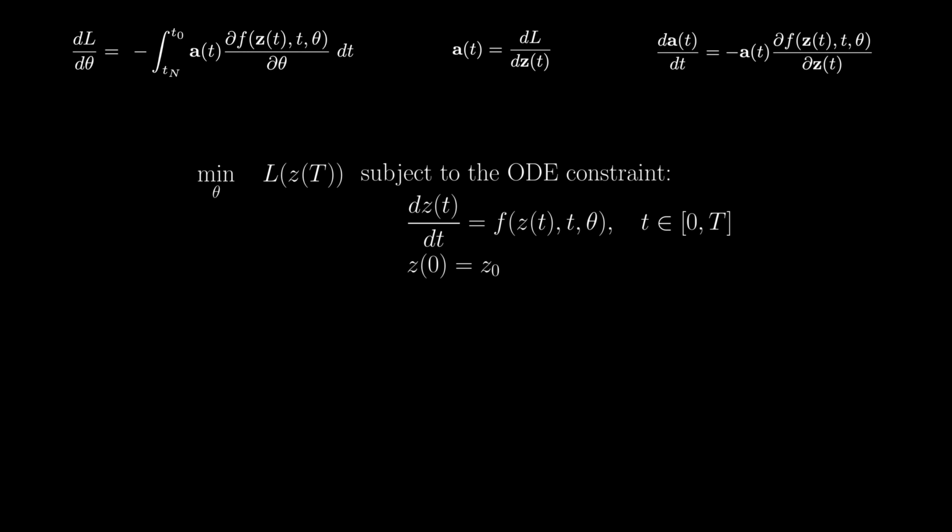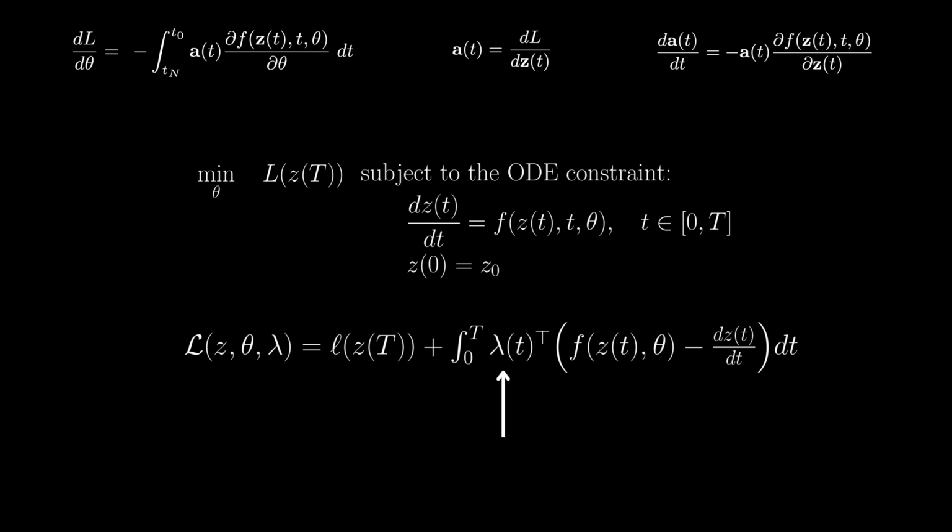Then we can write the Lagrangian for this with lambda t being the continuous time Lagrange parameters. It turns out that the specific value for the Lagrange multiplier for each time step is nothing but the adjoint state for each time step. And the ODE for the adjoint together with the gradient expression also comes out as a result of that.